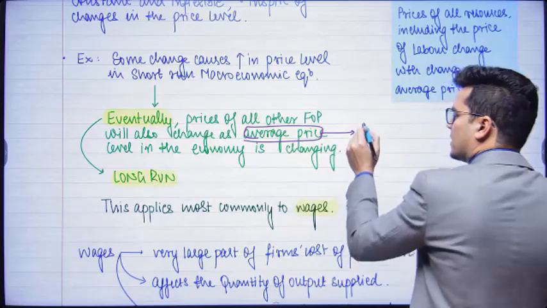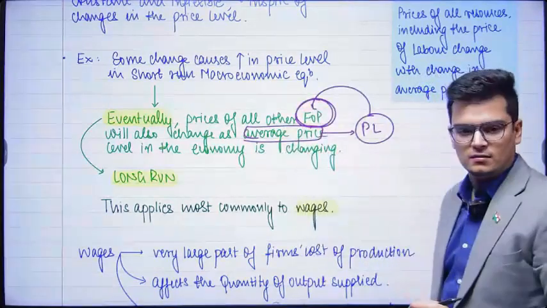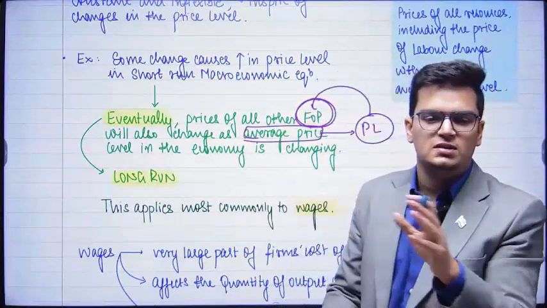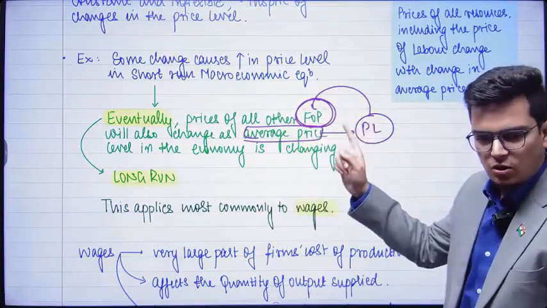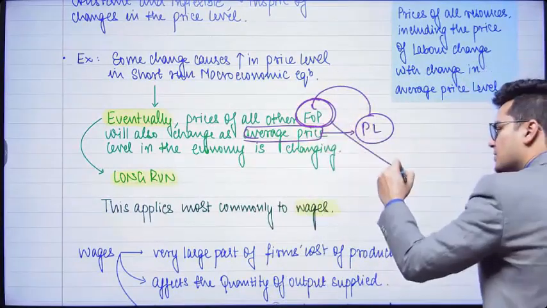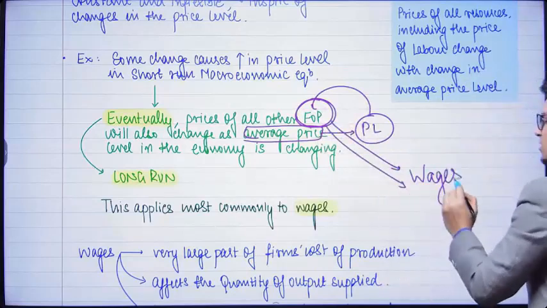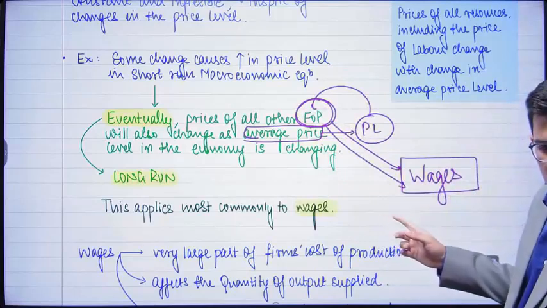Change in average price level also affects the factors of production. That is the long run. शुरू में short run में हम मानते हैं कि सिर्फ price level change हुआ, factors of production change नहीं हुए. When price levels start impacting factors of production, it is the long run. And what is the ultimate or final factor of production to get impacted? The most sticky factor of production, wages. ये भी हमने देखा, right?